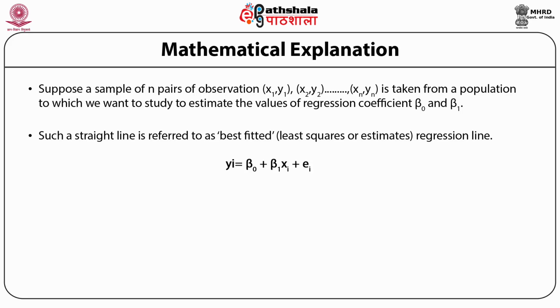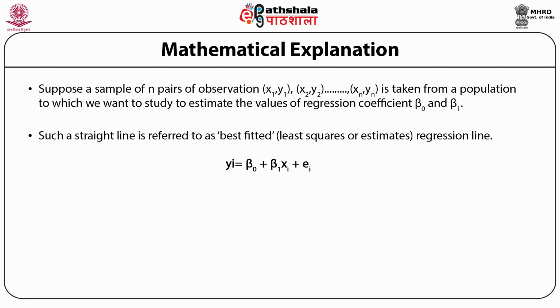In order to minimize it, using the method of minimization and maximization, we are going to solve this equation. Let the sum over i of epsilon i squared be equal to L, where i goes from 1 to n, that is, the summation of ei squared from i equals 1 to n.